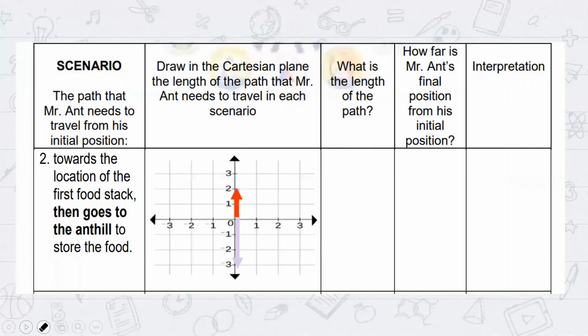Now the question is, what is the length of the path? 2 meters plus 5 meters equals 7 meters. That is the length of the path, the distance Mr. Ant traveled. How far then is Mr. Ant's final position from his initial position?